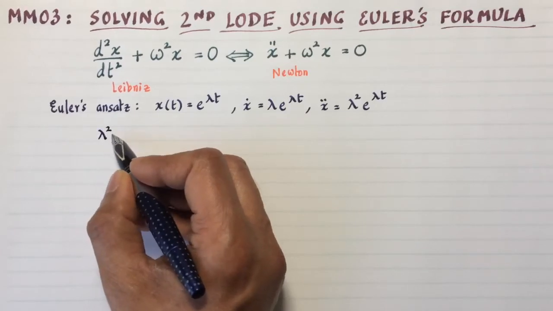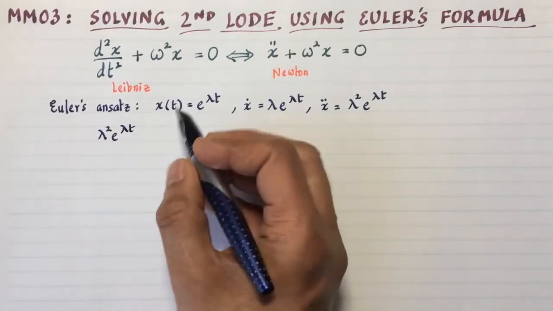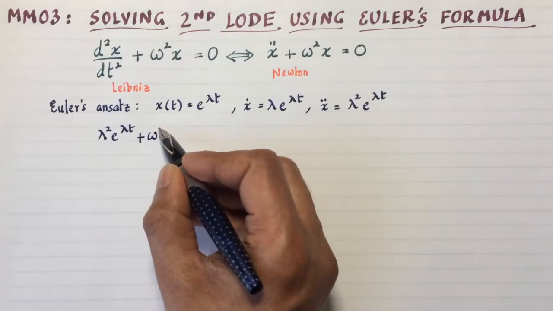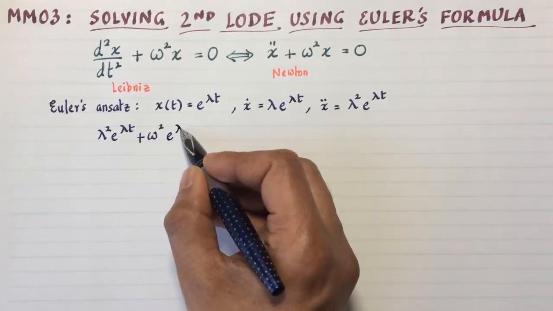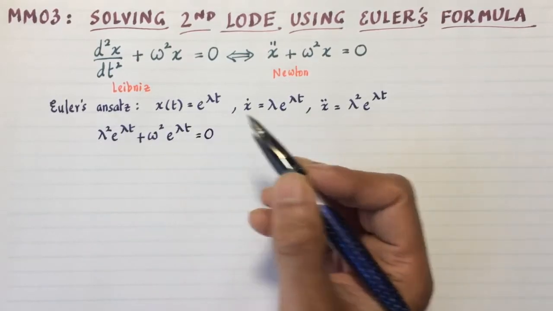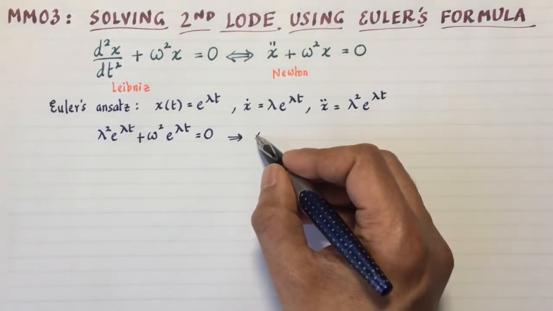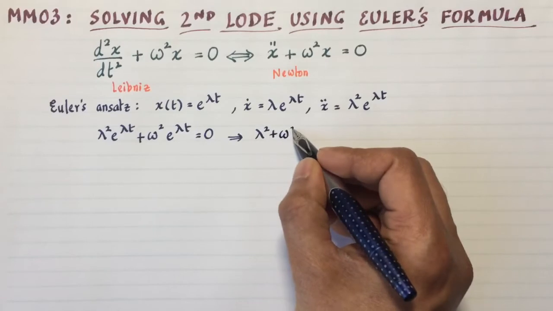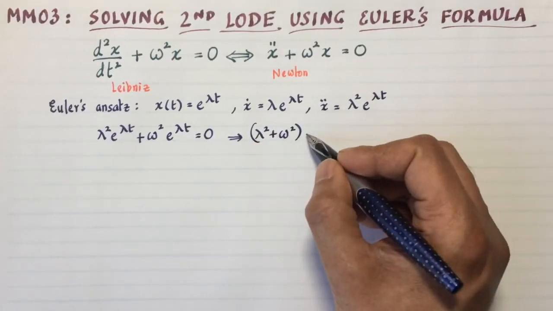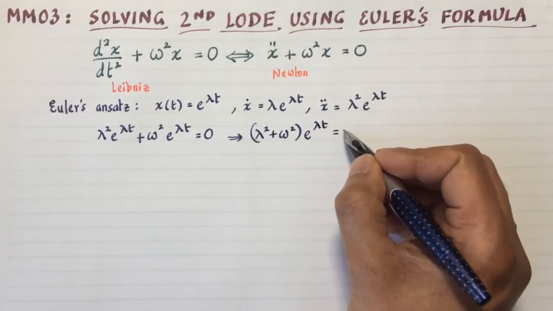Lambda squared e to the lambda t plus omega squared e to the lambda t is equal to 0. Now this can be written as lambda squared plus omega squared times e to the lambda t equal to 0.